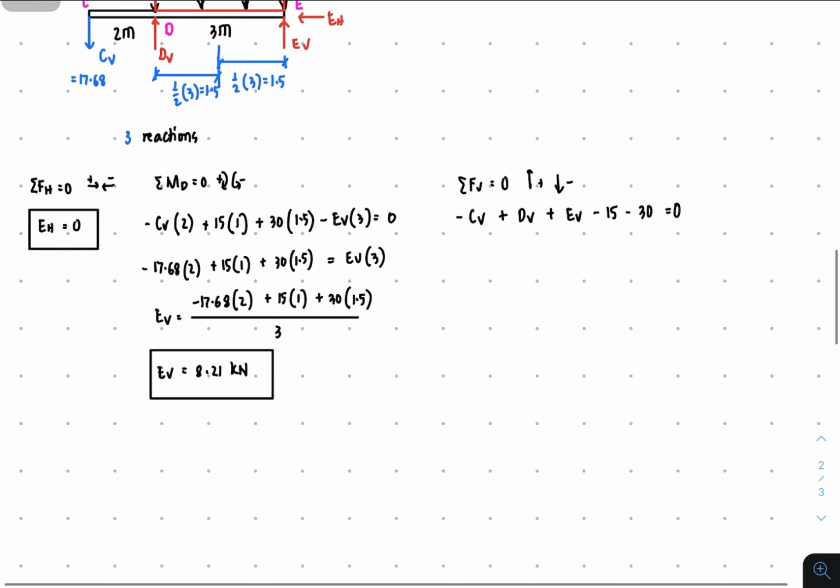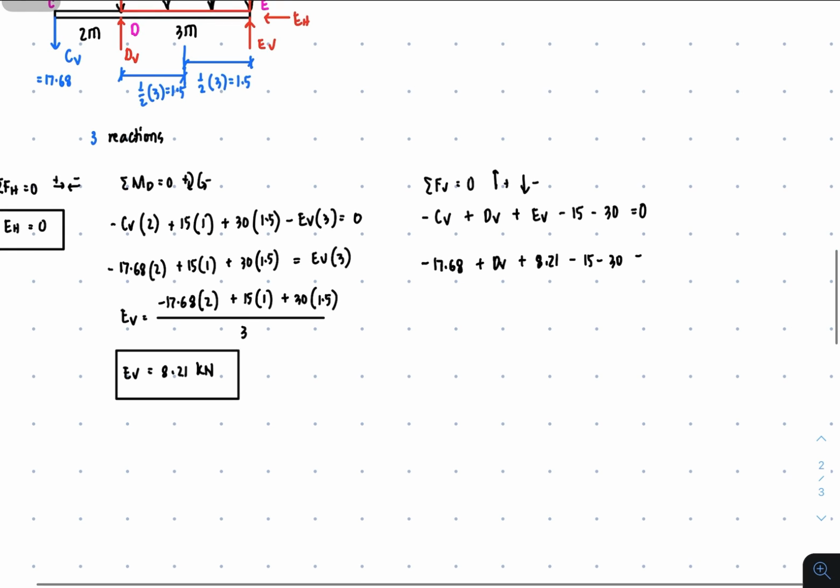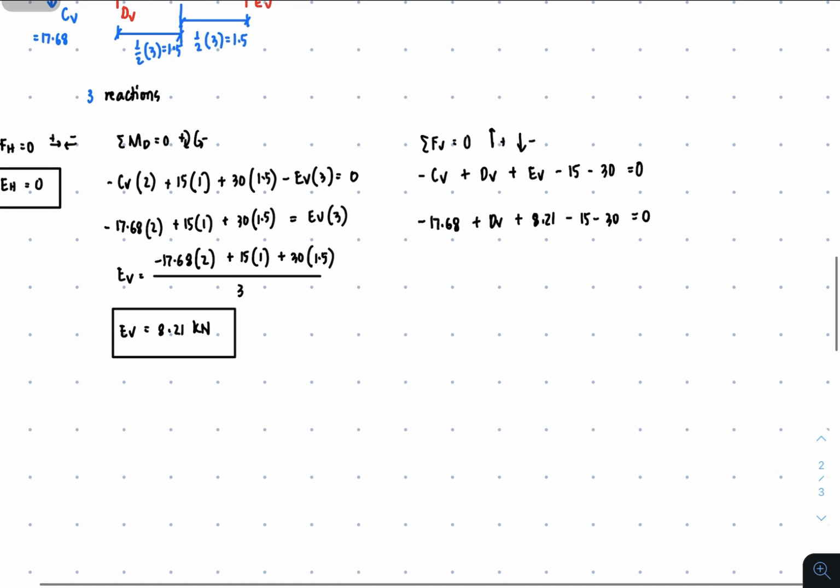And you substitute the value of CV. So this is negative 17.68 plus DV, then plus EV, which is 8.21, and then minus 15, then minus 30, equal to 0.